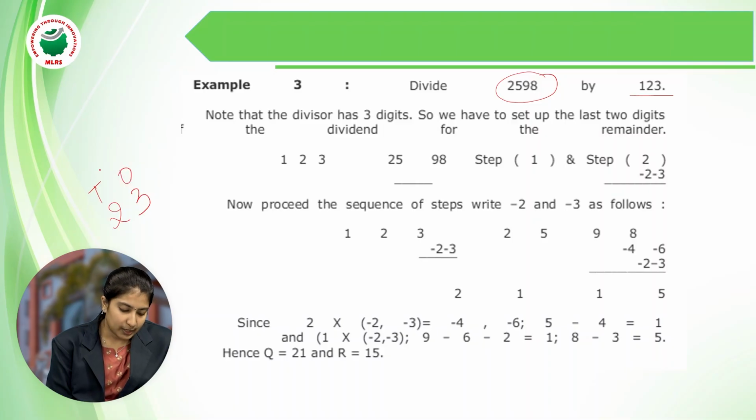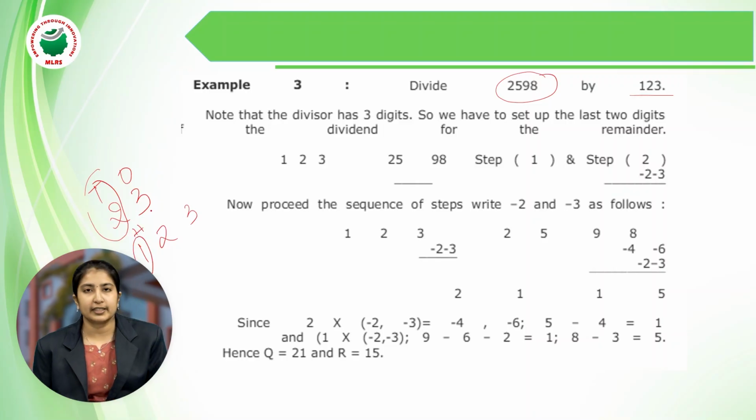If you have a 3-digit number, at that time you have to leave the hundreds place, which means every time you have to leave the higher place value digit and take the remaining place value digits. So here your division will be performed with respect to 2 numbers, that is 2, 3. Transposing 2 numbers, we get -2, -3. And these are the steps as given here.